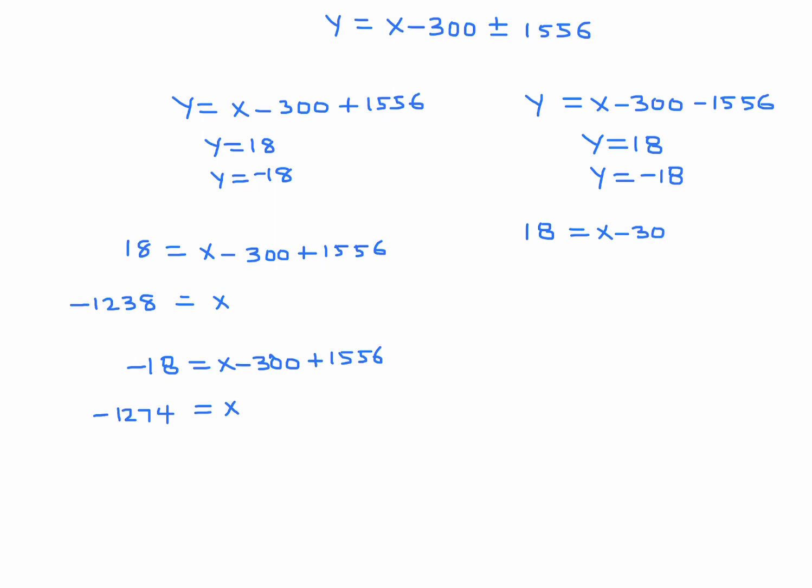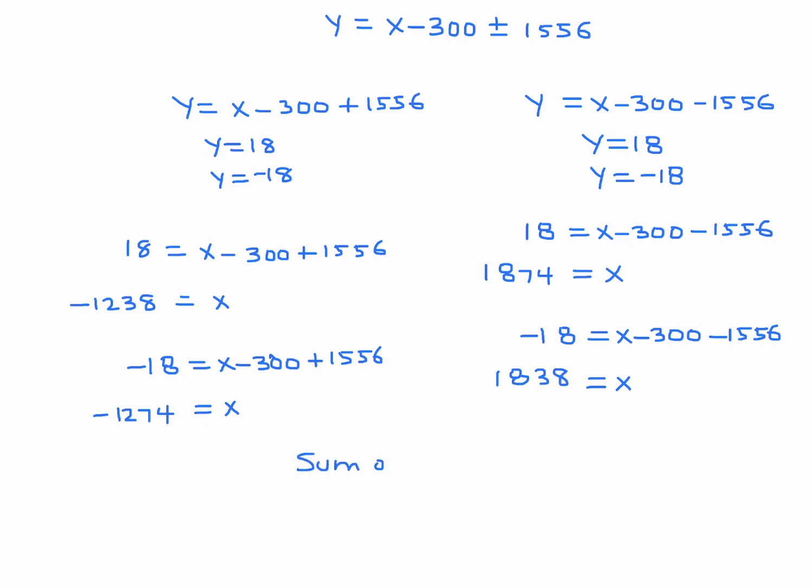Now turn our attention to these ones. 18 is equal to x minus 300 minus 1556, and that gives me x is equal to 1874. And then the next one is minus 18 is equal to x minus 300 minus 1556, and that gives me x is equal to 1838.